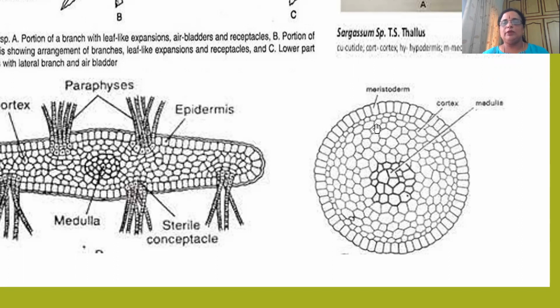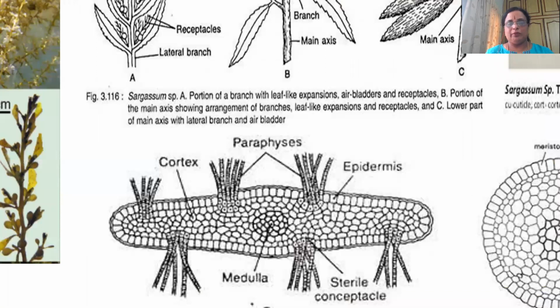Just beneath the meristoderm, you can find the cortex, where you can find polygonal cells. The main function of this cortex is that they are thick walled cells giving mechanical support, and there are some very thick walled cells in the central region. Again, they give mechanical support for this particular algae. So this is about the anatomy and the morphology of Sargassum.